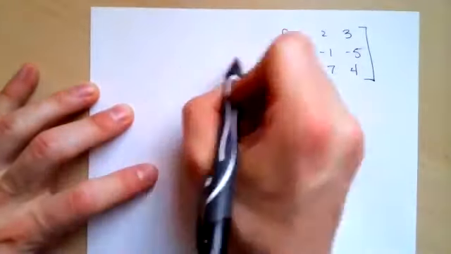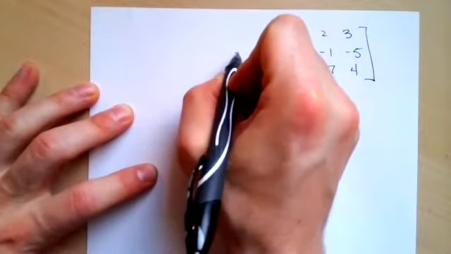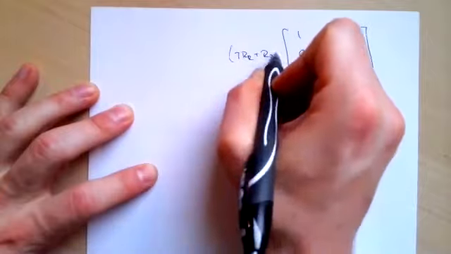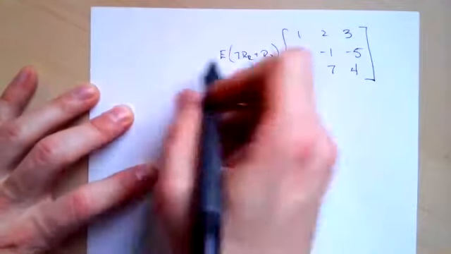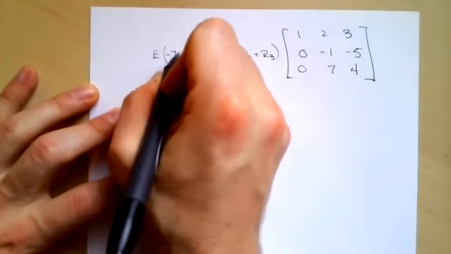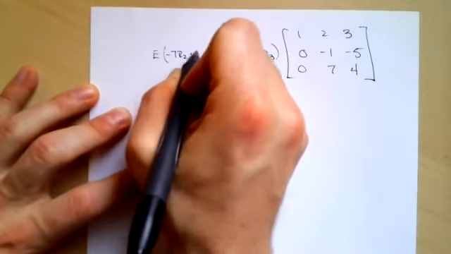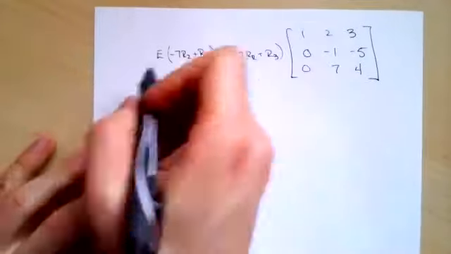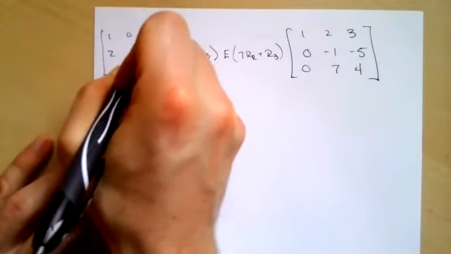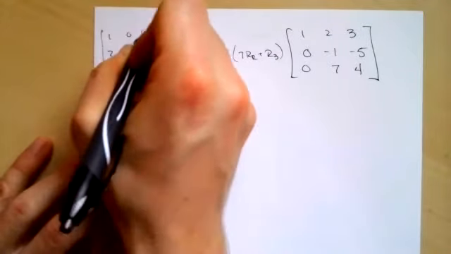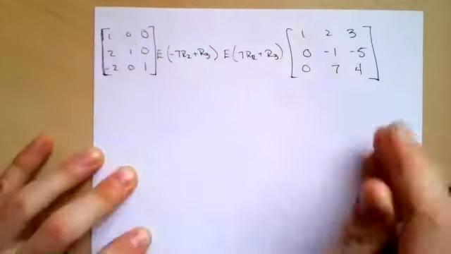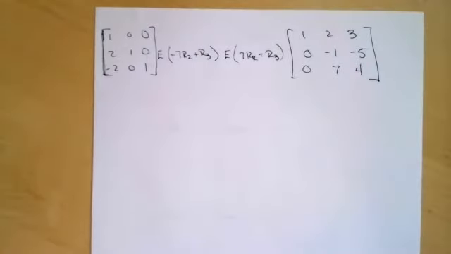We want to take 7 row 2 plus row 3. To undo that, we should take minus 7 times row 2 and then re-add it to row 3. And then that needs to act on our remaining matrix.